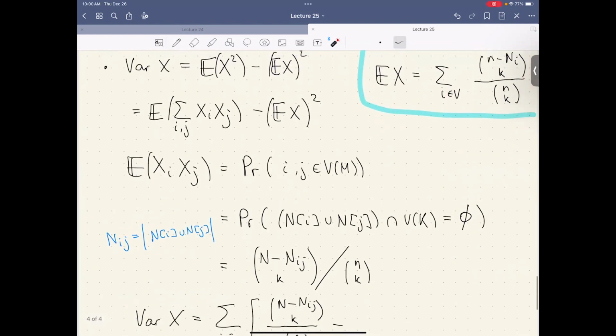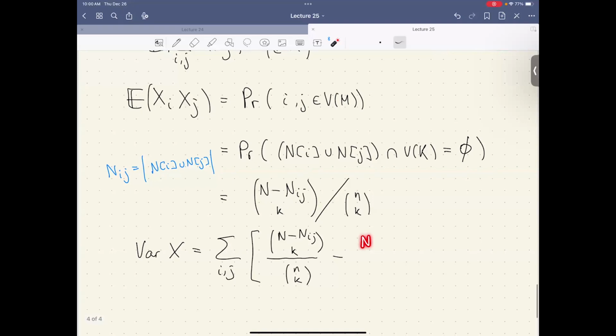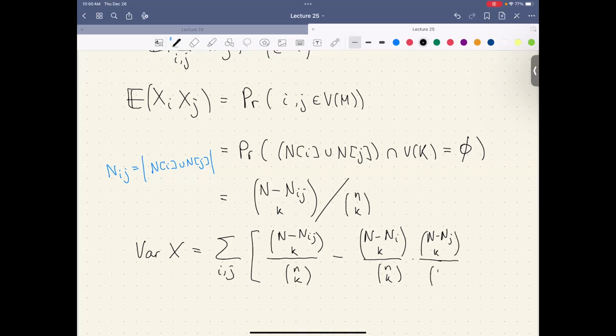So we have m minus n_i choose k over n choose k, times m minus n_j choose k over n choose k. Bracket. Okay.